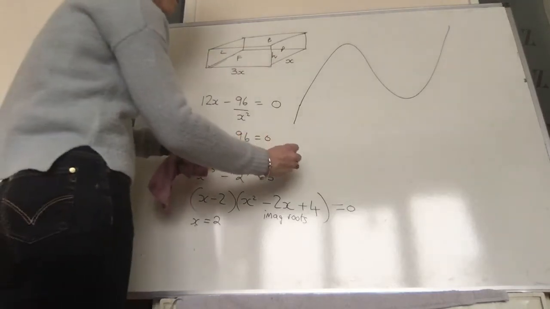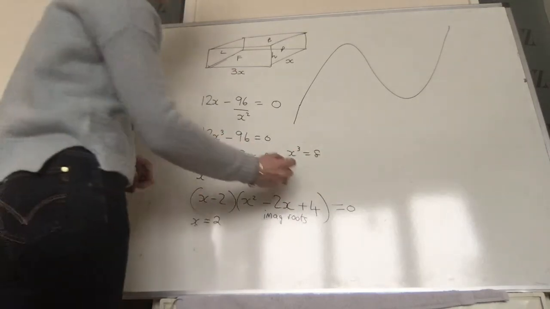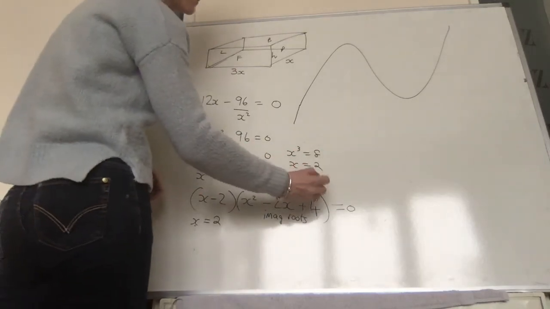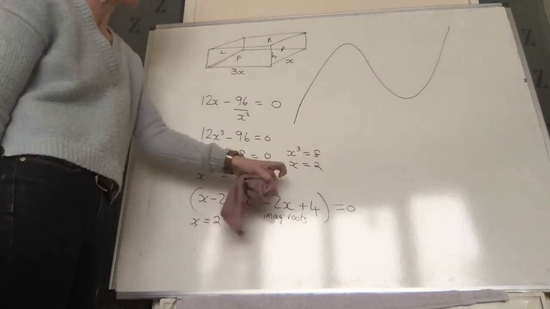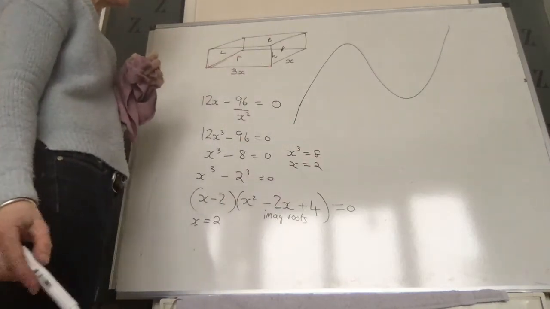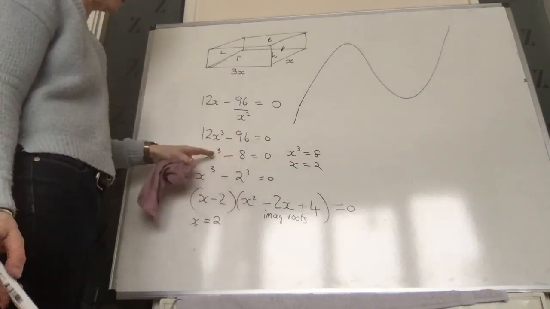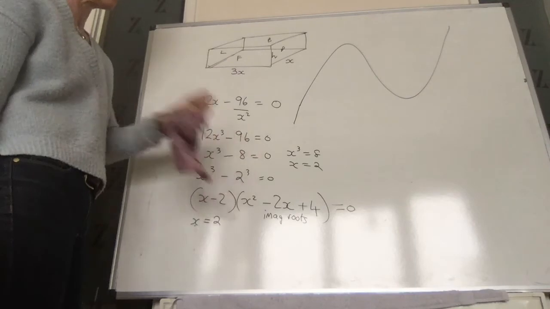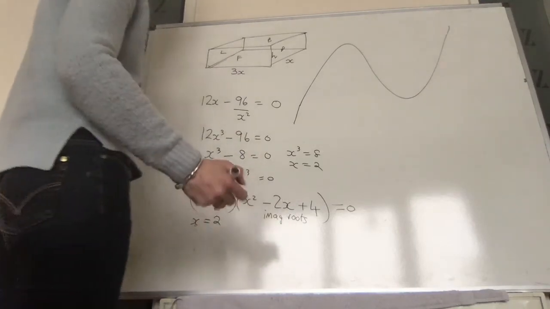I know some of you are tempted now to say x cubed equals 8, just bring the minus 8 over and then get the cube root of both sides, which is perfectly okay, except that you are losing sight that there are actually 2 other answers. In the context of this question they don't matter because they're imaginary, but just to be aware that x cubed minus 8 equals 0 has 3 roots, 2 of which are imaginary. Okay, so x is 2.